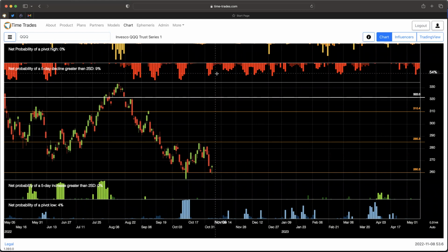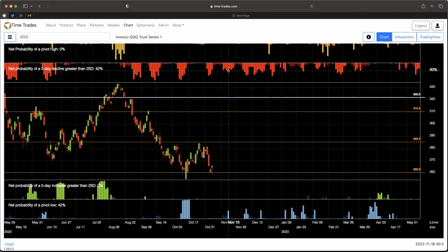So in this swim lane, we see probabilities of a 2 standard deviation down move over the last 5 trading days. As these down probabilities are decreasing, there's actually a chance of a little correction here, an upward move into late this week.